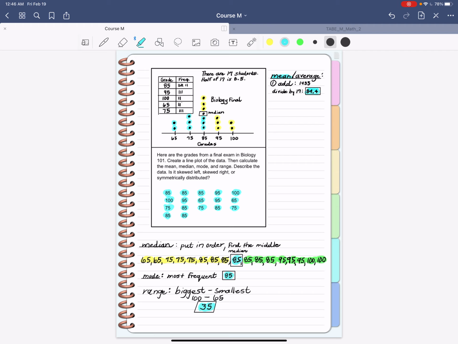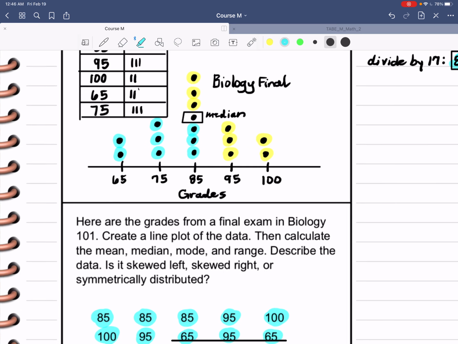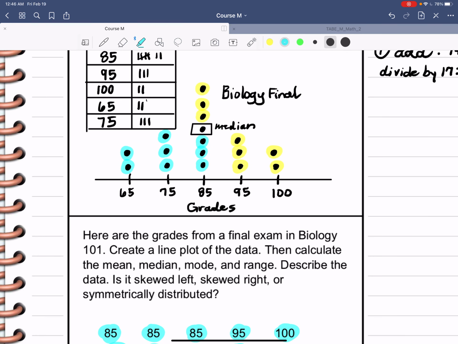Okay, let's talk about the distribution of this graph. And you need to see the graph to understand and see the distribution. So if you look at this graph, do you see how this is symmetrical? This has a very nice distribution. If I were to put a mirror right here and let it reflect, both sides are the same.